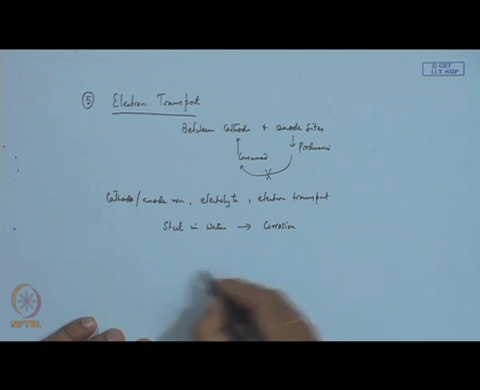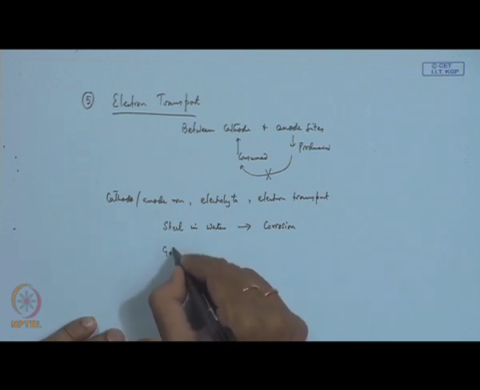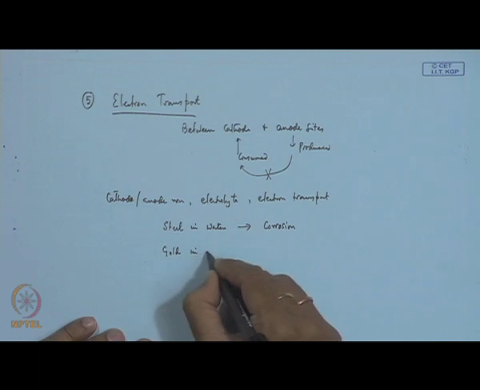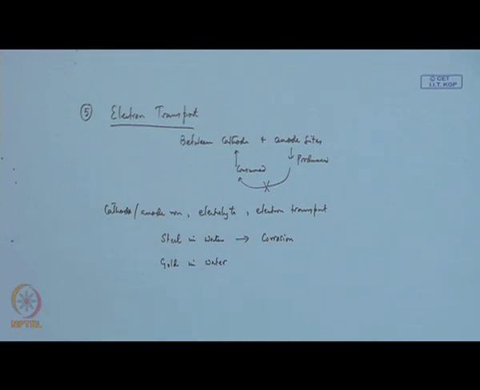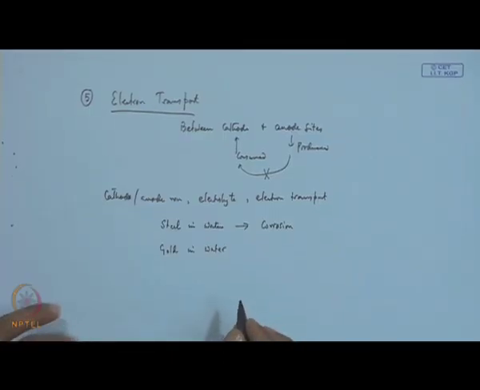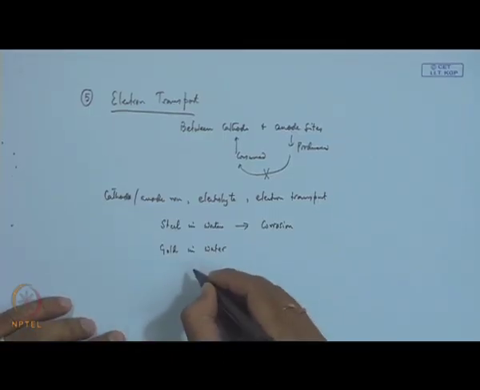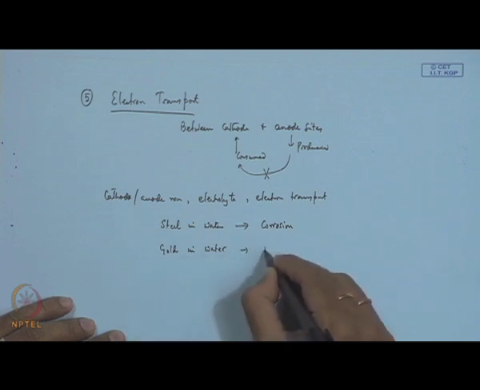For example, if we put gold in water, what is happening? Gold is used in jewelry, and it is a noble metal. So, if we put gold in water, no anode half cell reaction is there.